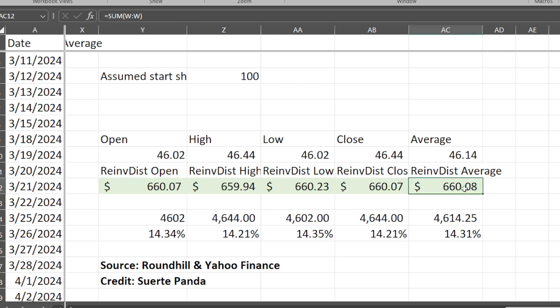On average, most people got $668.08. And this down here is the total amount that was invested, anywhere between $4,602 and $4,644. So again, the total return is around 14%.